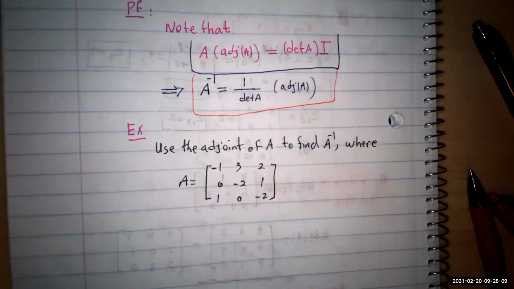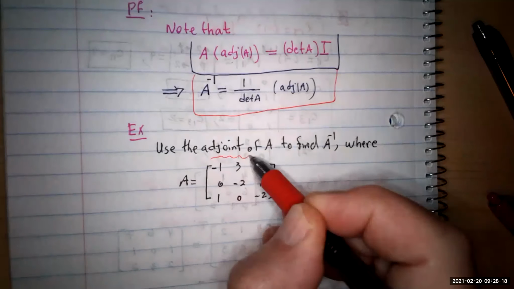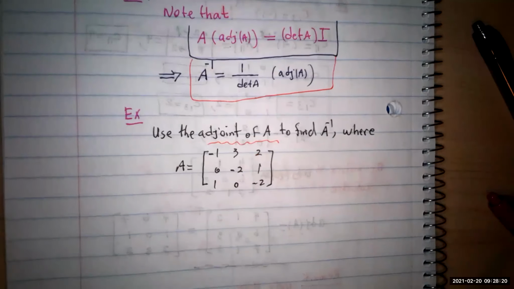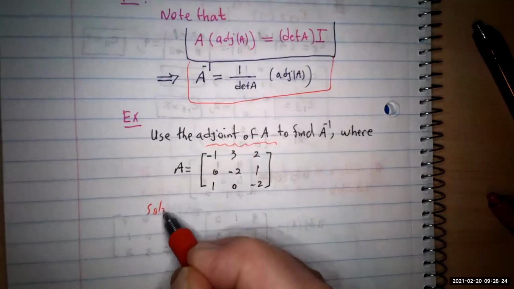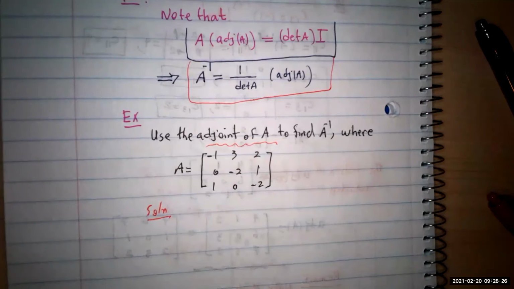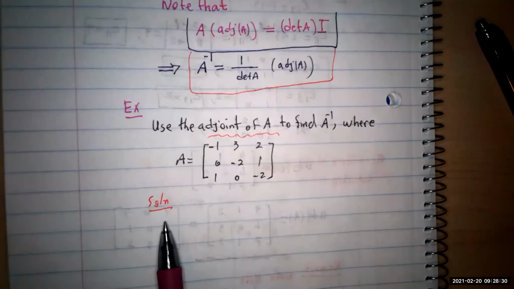If it's not invertible, you're done. Make sure to check the determinant first for these problems. Anytime they say use the adjoint, you need to make sure that it is invertible. Sometimes the determinant of the matrix is 0, so it's not possible, and don't waste your time. So first thing to do, check the determinant first.